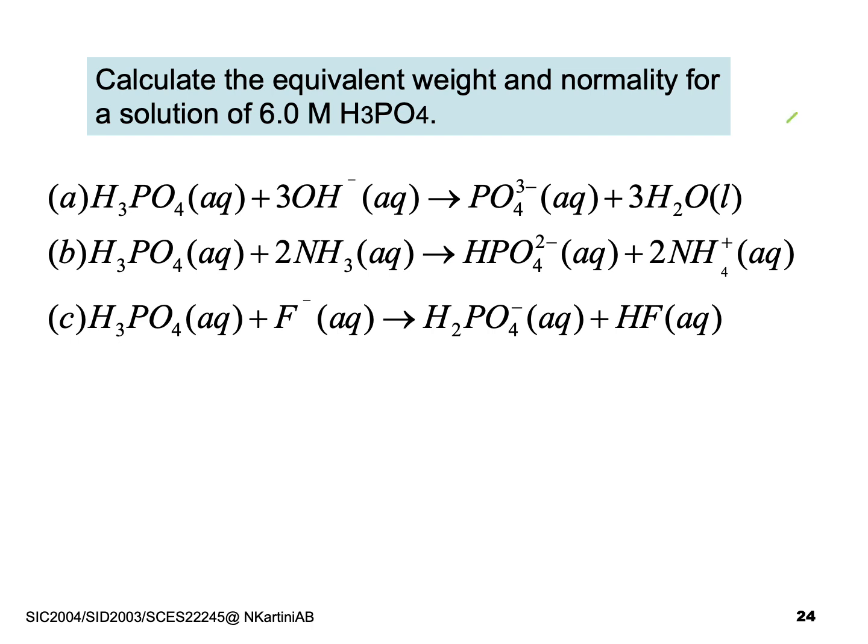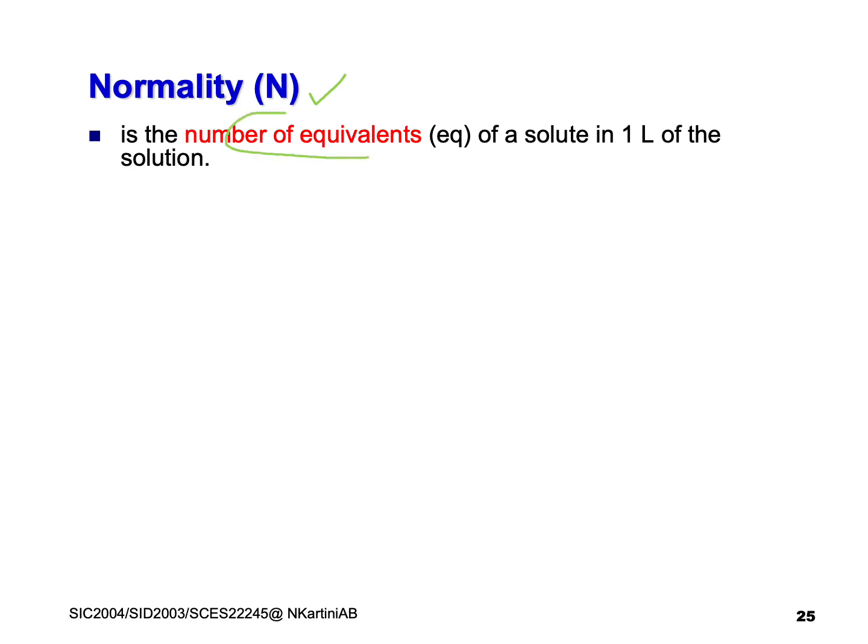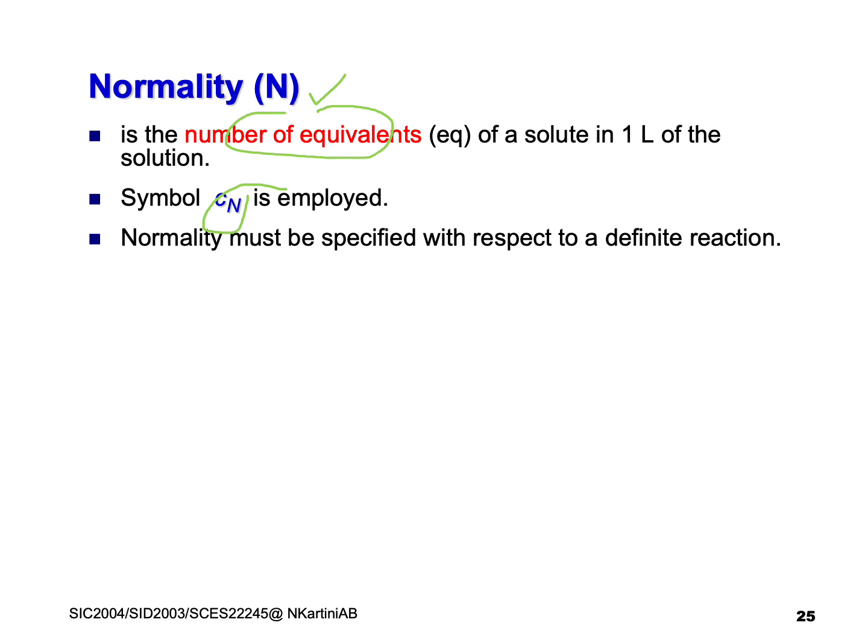For this part, you try yourself, and if you have time, it will be discussed later in the next class. Basically, normality is represented by capital N. It is the number of equivalents, which is EQ, of a solute in 1 liter of solution. So this is the symbol that can be used for normality. And normality must be specified with respect to a definite reaction.